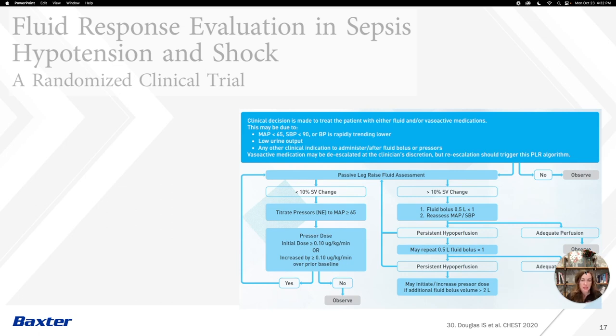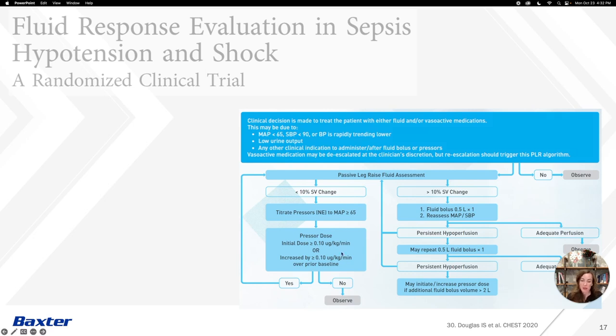Vasoactive medication may be de-escalated at the clinician's discretion, but in this protocol, re-escalation should trigger this PLR algorithm because technically that means the patient was hemodynamically unstable, and we know from the literature that only 50% of hemodynamically unstable patients are going to be fluid responders. So you can see they would do a PLR, less than 10% change meant the patient was not fluid responsive at that time. That's important to note.